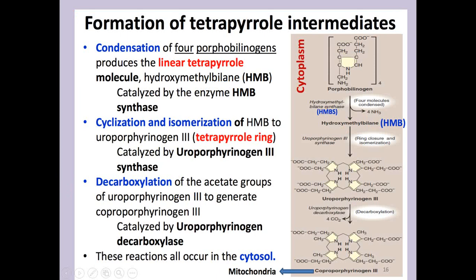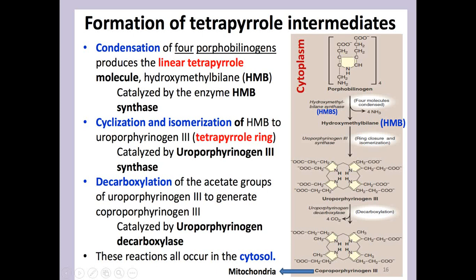Formation of tetrapyrrole intermediates. Condensation of 4 porphobilinogen produces the linear tetrapyrrole molecule, hydroxymethylbilane, catalyzed by the enzyme hydroxymethylbilane synthase.